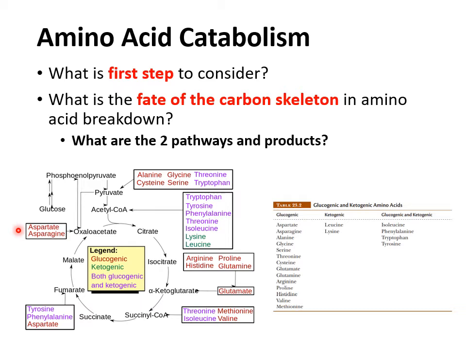Okay, so ultimately those are the two main pathways: you can either have the glucogenic pathway or the ketogenic pathway, and you're either producing pyruvate or oxaloacetate with the glucogenic pathway, or you're producing acetyl-CoA with the ketogenic pathway.